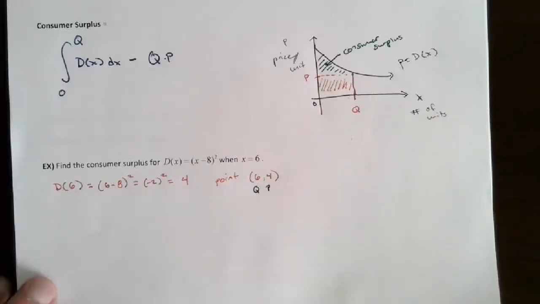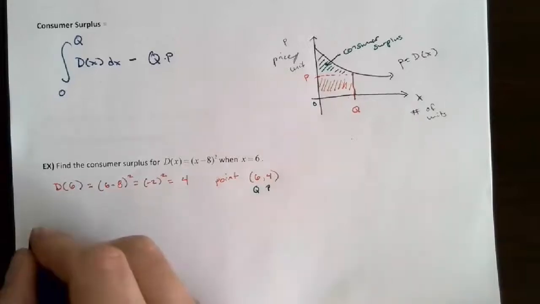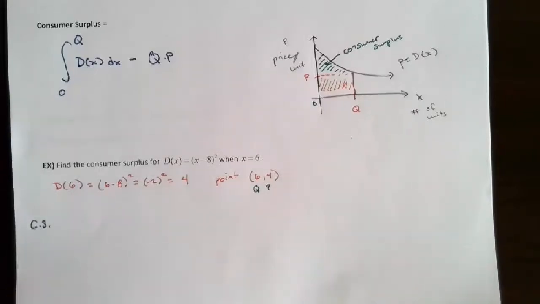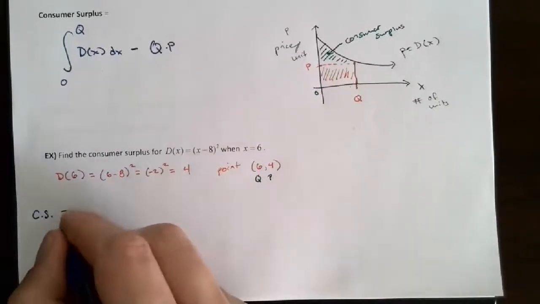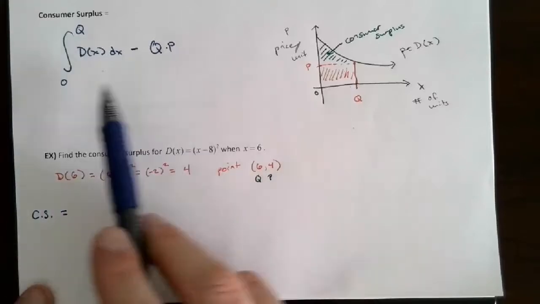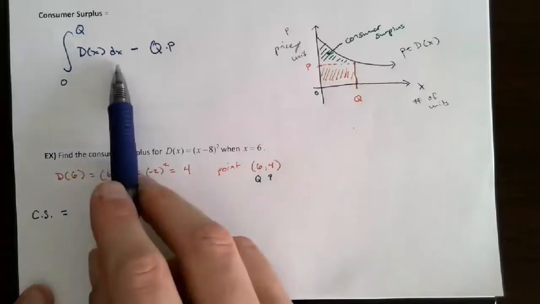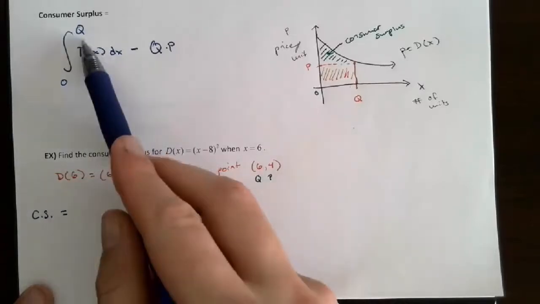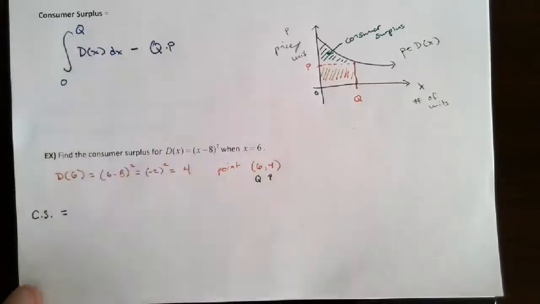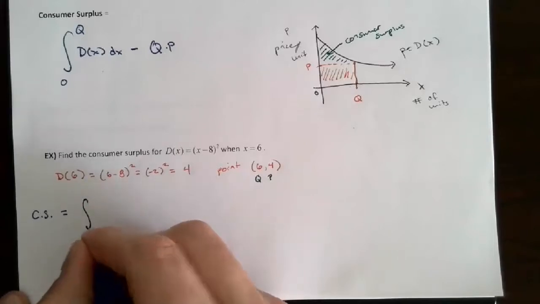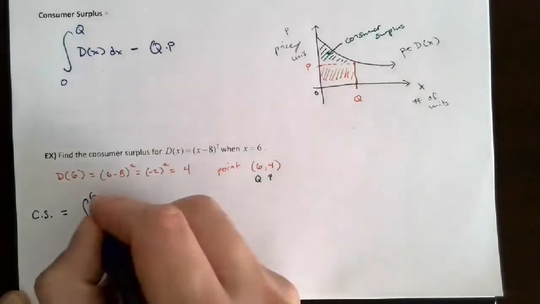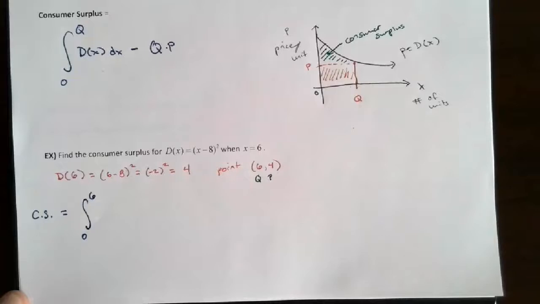So they're asking us to find consumer surplus. Well, we're going to use our formula above. So consumer surplus, let's use CS for short, is equal to the integral from 0 to Q. Remember, the integral is with respect to x, so this should be the x value here, in case you're getting confused. It's the integral from 0 to our x value, which is 6, because that's the quantity Q, of d of x.